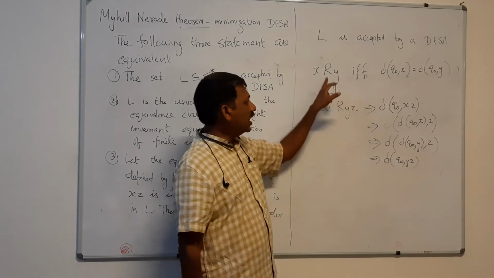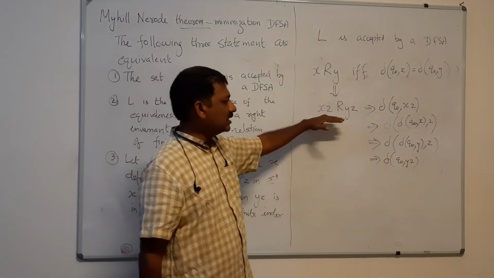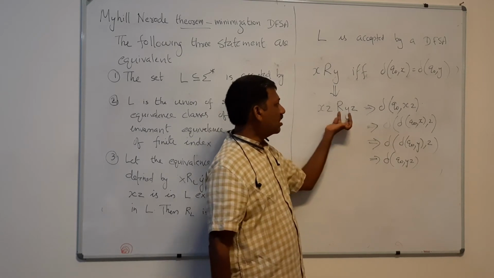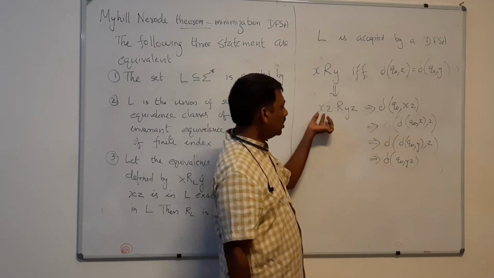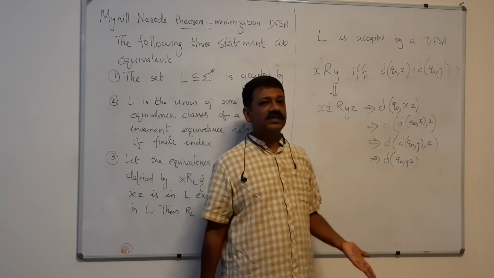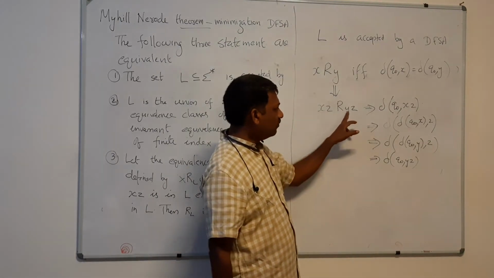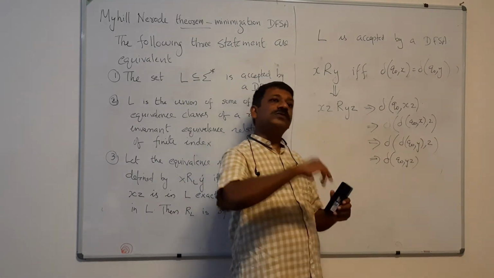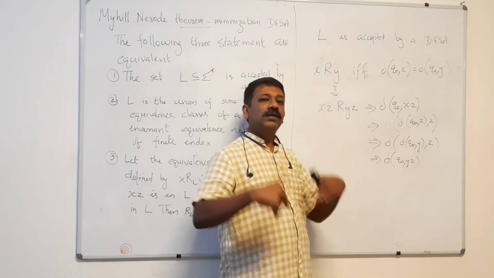Then this is the right invariant, meaning then xz is related to yz. That means after processing x it reaches some state, and after processing y it reaches some state. If it is processing z again, what will happen? It reaches the same state.